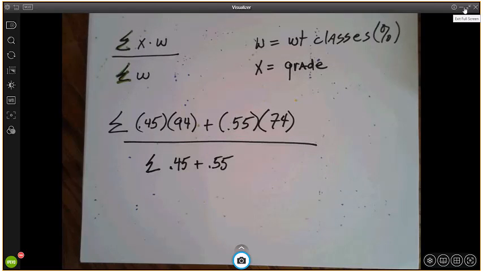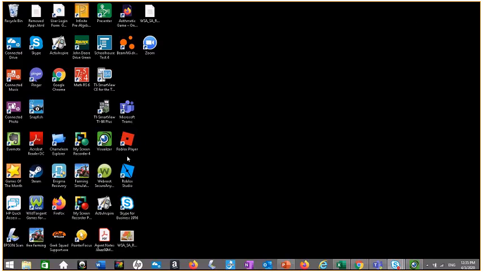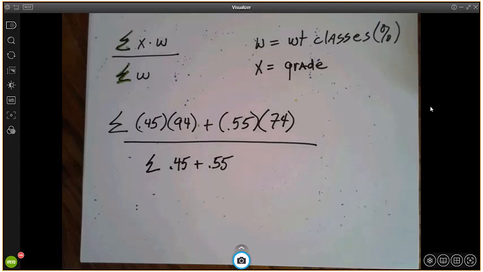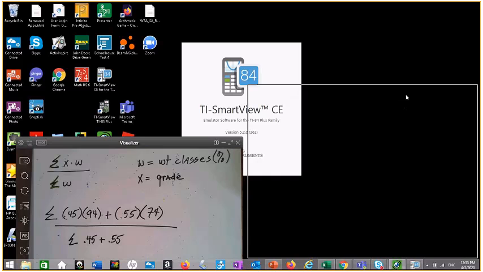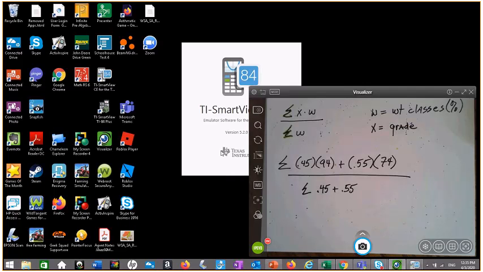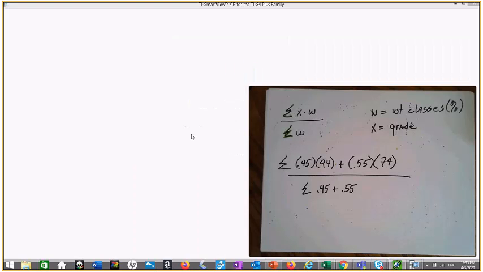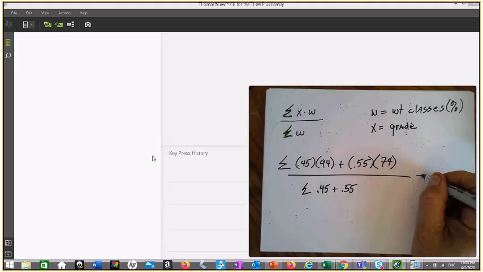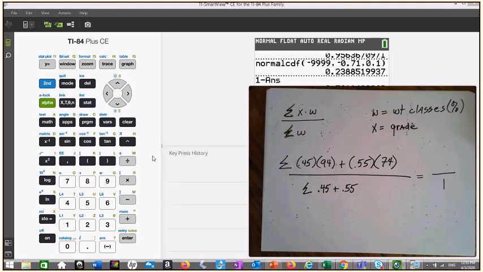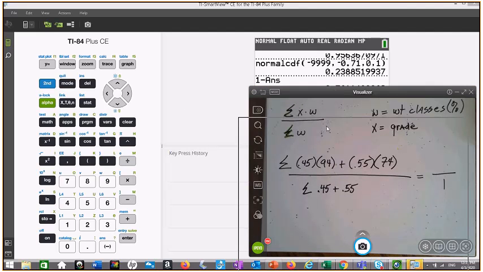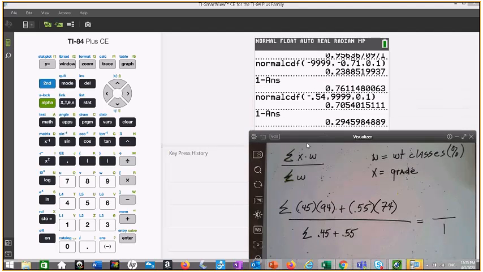Hold on a second, I'll pull it in. And I can tell you right now that the bottom is 1. So you're not really going to have to worry about the bottom, because 45 cents plus 55 cents is $1. So you don't have to worry about the denominator. Most of the time in these questions, you don't have to worry about it.